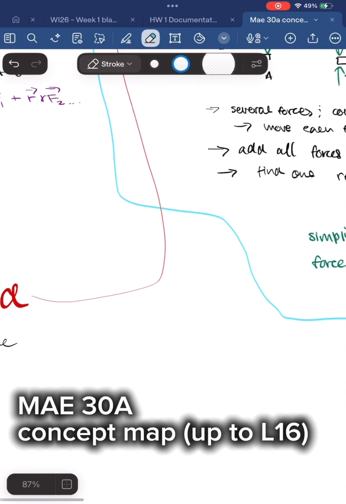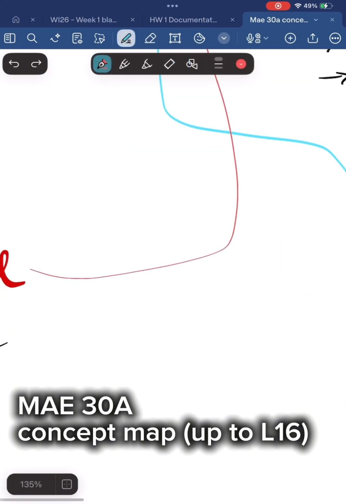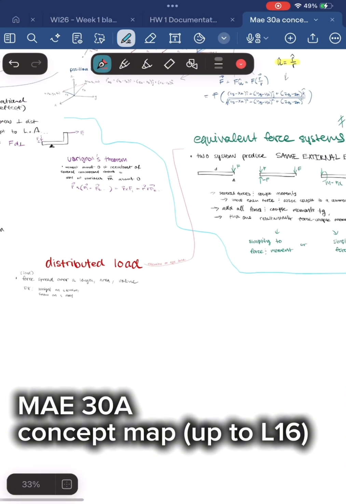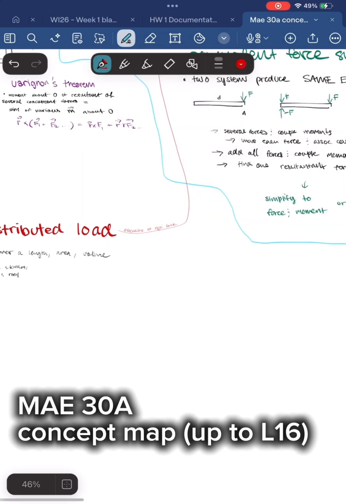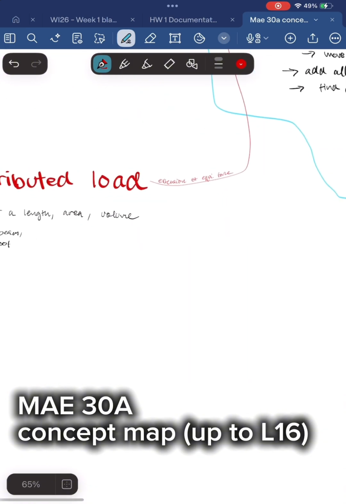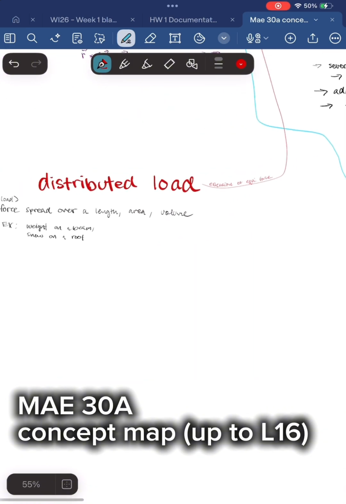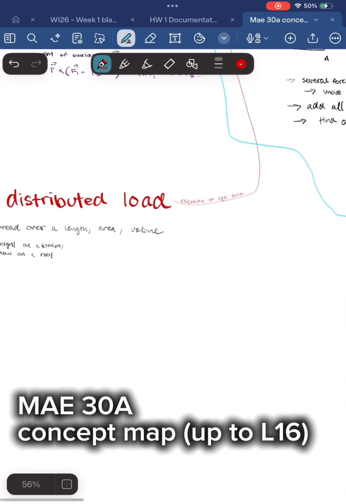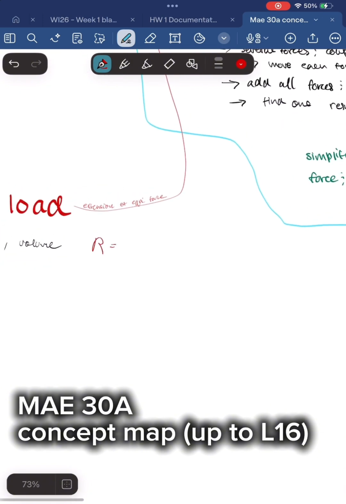We can write the magnitude as R equals the integral of w(x) dx.